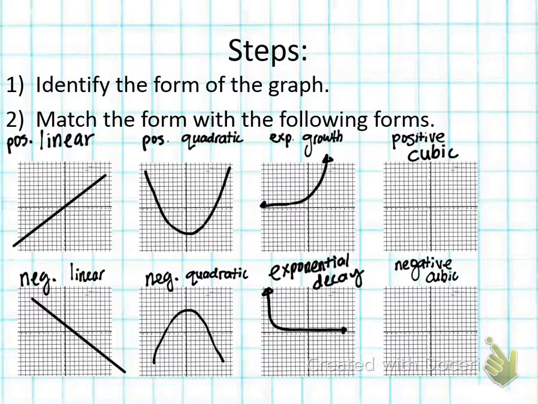Okay, positive cubic starts off from left to right. It goes up, but it goes up and then it curves back down and then it goes up again. So that is a positive cubic. Negative cubic from left to right goes downwards. Okay, and it kind of does this curvy thing, and it could look a different way.